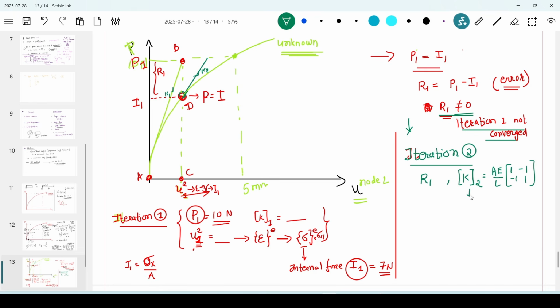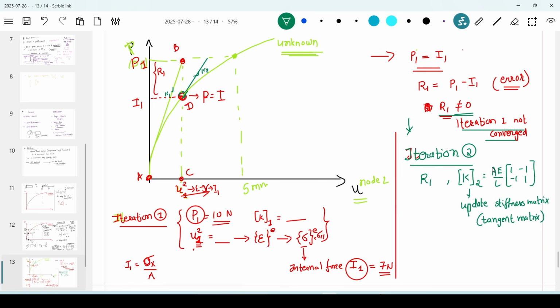It is called updating the stiffness matrix. Actually this is the stiffness matrix, but in nonlinear, because we are updating it, it is called the tangent matrix, because it is changing. It's the tangent actually.